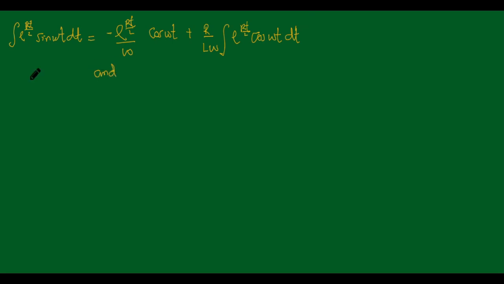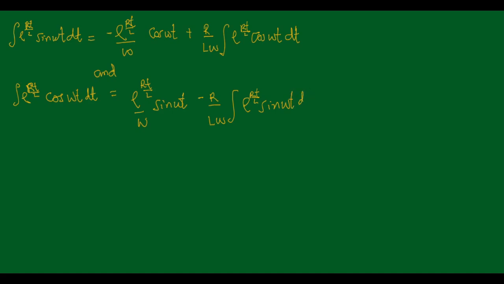And we also know that the integral of e raised to power Rt over L cos omega t with respect to t is equal to e raised to the power of Rt over L divided by omega sine omega t minus R divided by L omega times the integral of e raised to power Rt over L sine omega t dt.